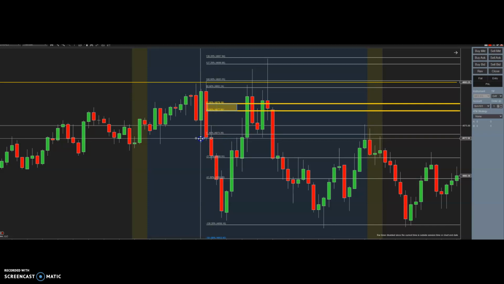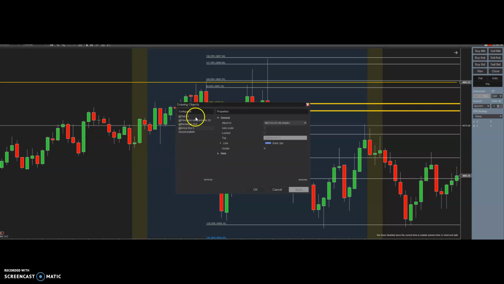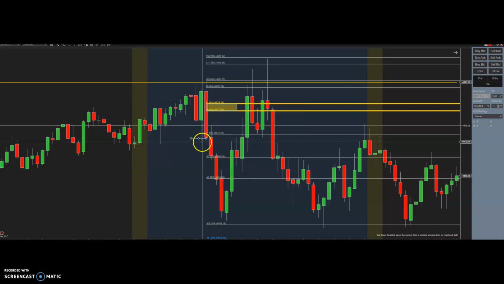I enter there. My stop loss goes 2 ticks above the high of that wick. High of this wick here, like so. Okay. Why am I getting that? Let me see.